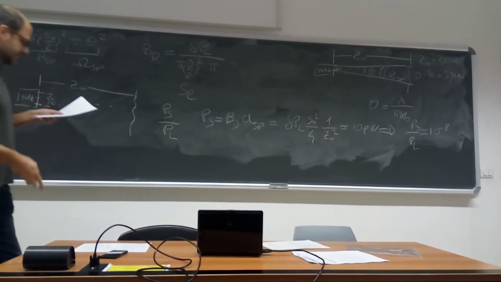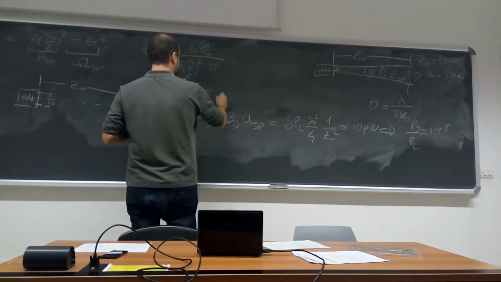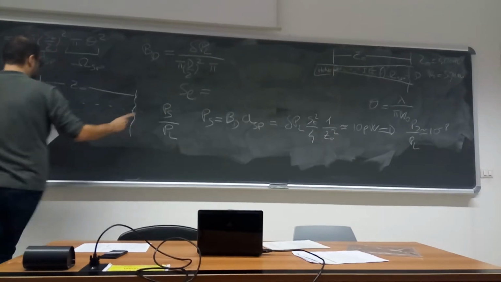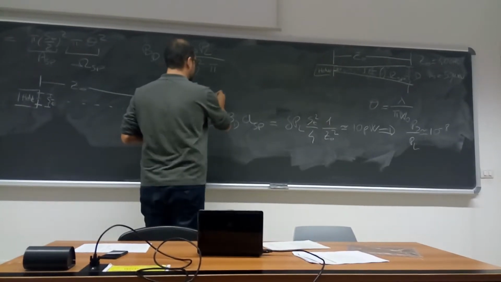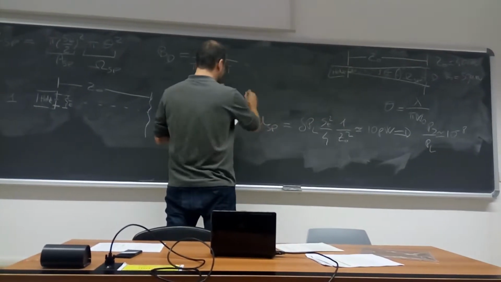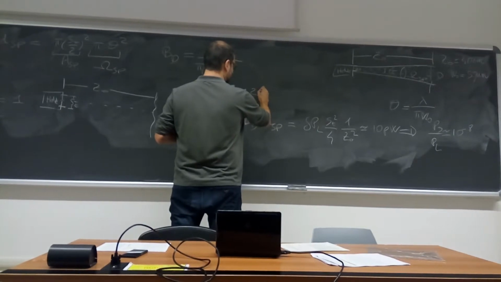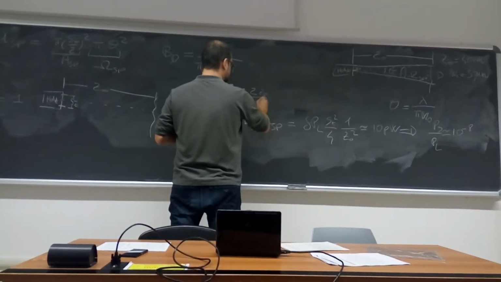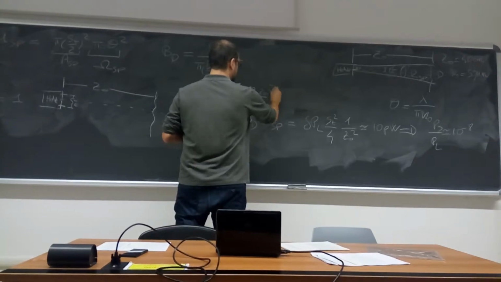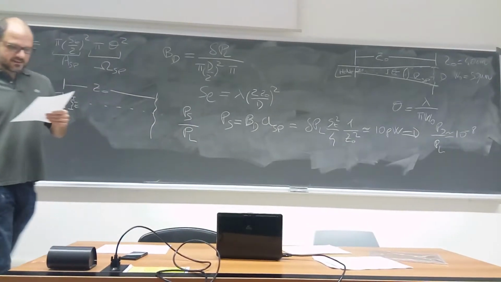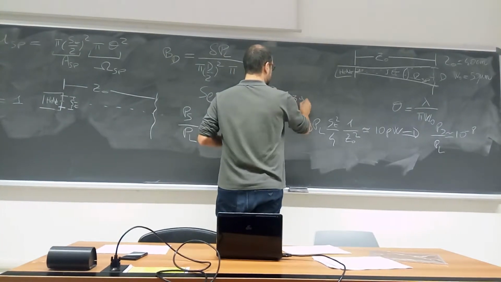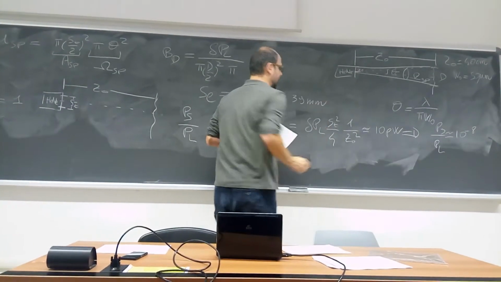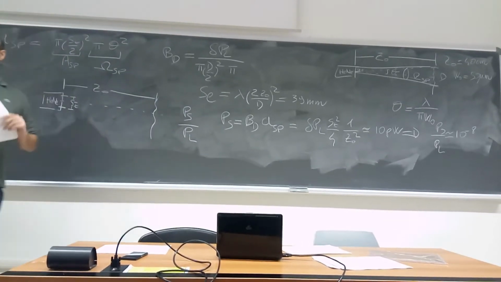In particular, this is again the wavelength multiplied by 2 times the distance Z0 divided by the diameter, and this quantity is squared. In particular, we have 39 millimeters.